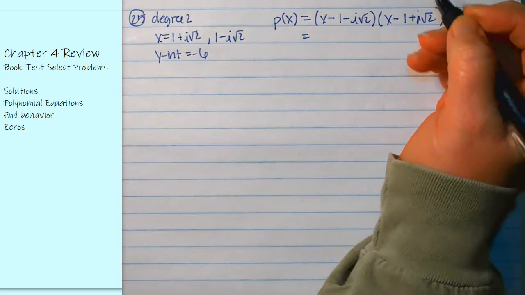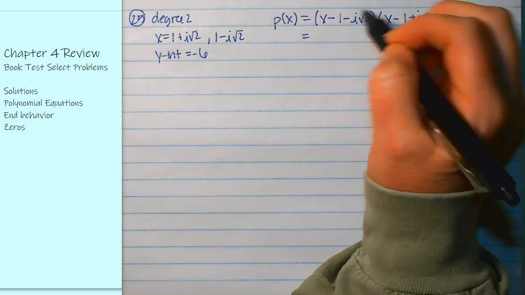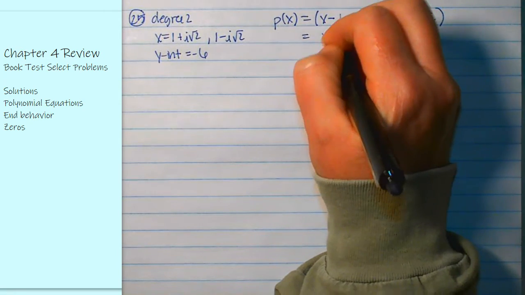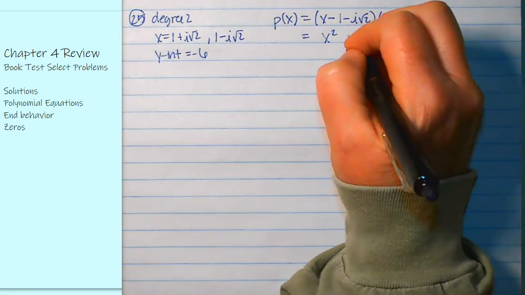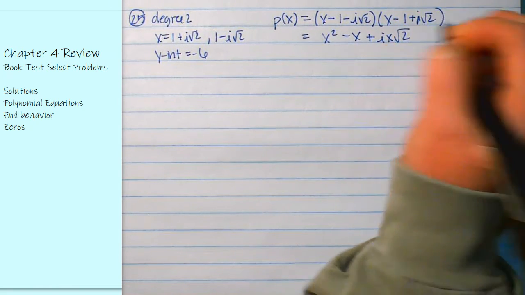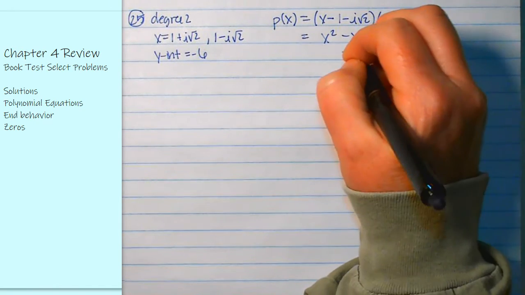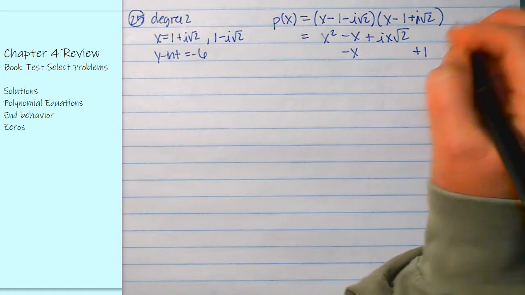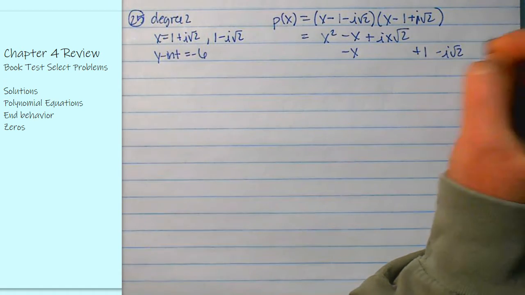So I'm going to distribute the x over everything, the 1 over everything, and the i square root of 2 over everything. So I'll have x squared minus x, and then plus ix square root of 2, negative 1 times everything, and negative 1, so negative i square root of 2.